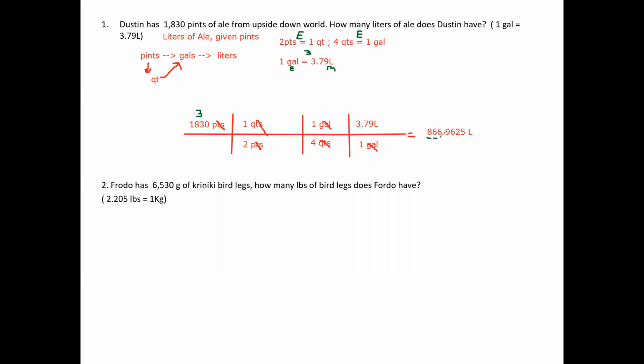So 1, 2, 3. After the 6 is a 9. So this would round up to 867 liters. So that would be the number of liters in 1830 pints.